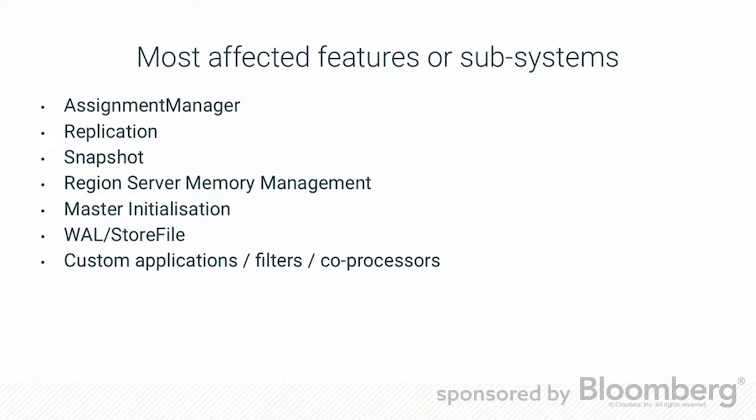And then, the last bullet here, highlighting custom applications, filters, and co-processors. These are usually third-party components or processes that either plug into or interact with HBase. Those are usually behind the reported performance issues as well.